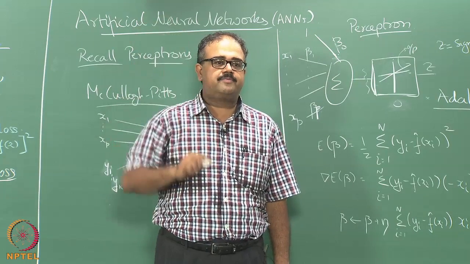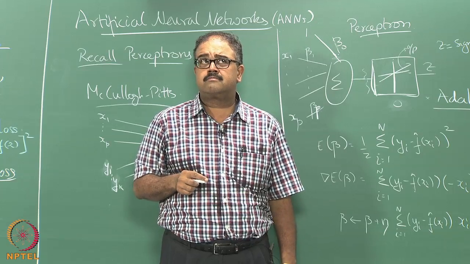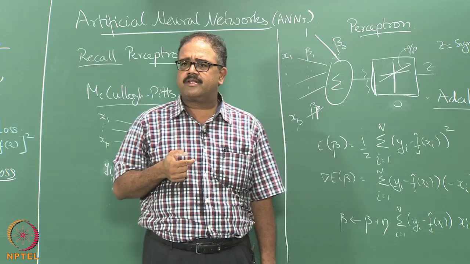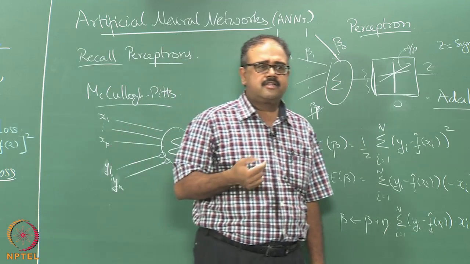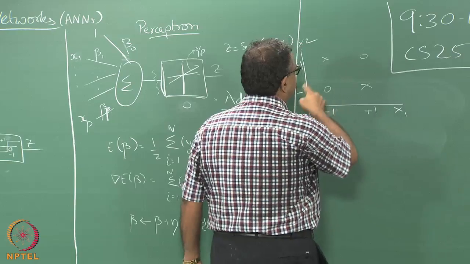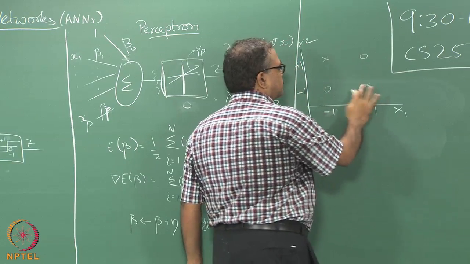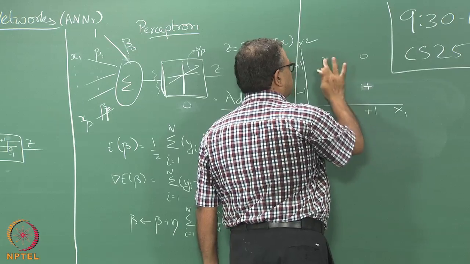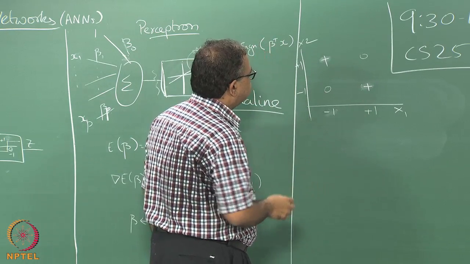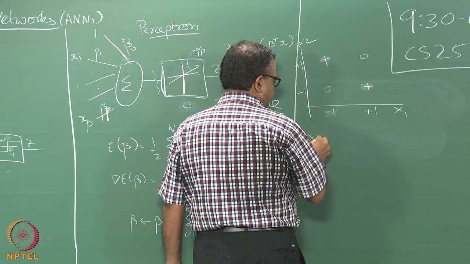How do I move it to a different space? Change the basis function. I can't, rotating the axis will not be sufficient for me, it will still not be linearly separable. I think I said that right. So what do we do now? Too many x's on the board, yeah. So I can define a new feature.